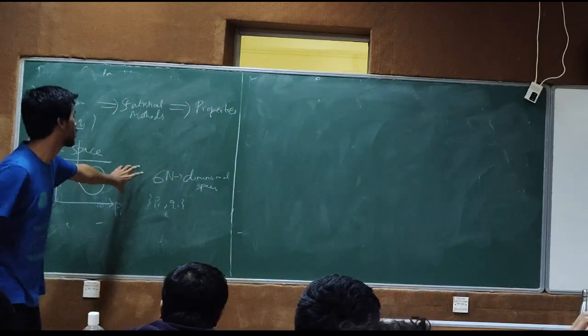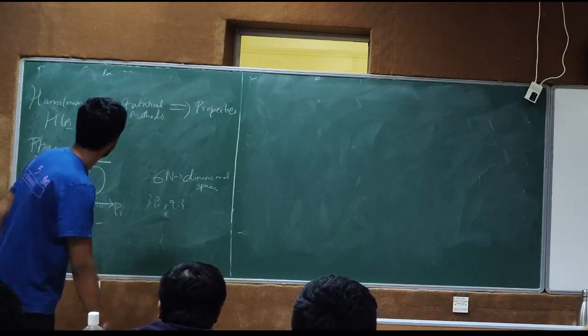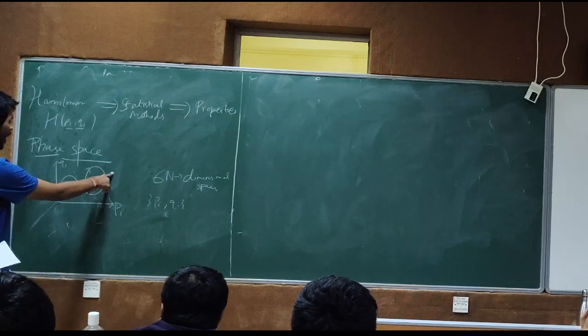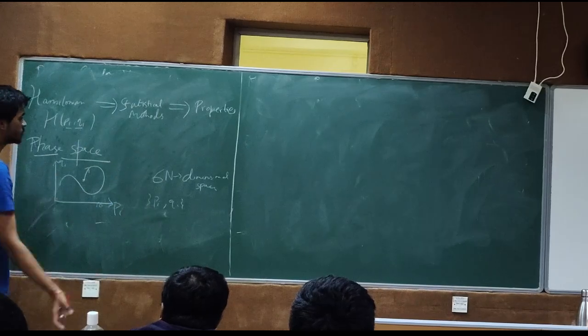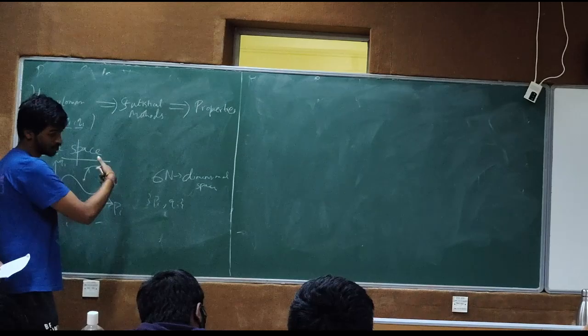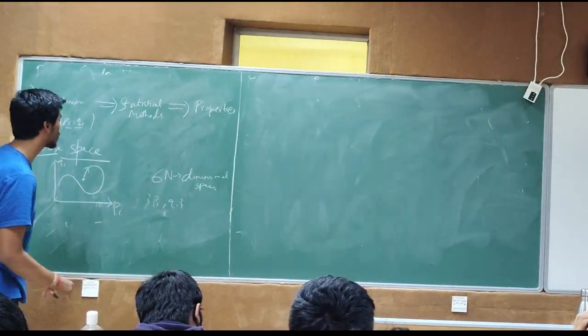Now, since there is this huge number of degrees of freedom of the system, it can be assumed that in a long time, this system explores the whole phase space, whole space which is accessible to it.